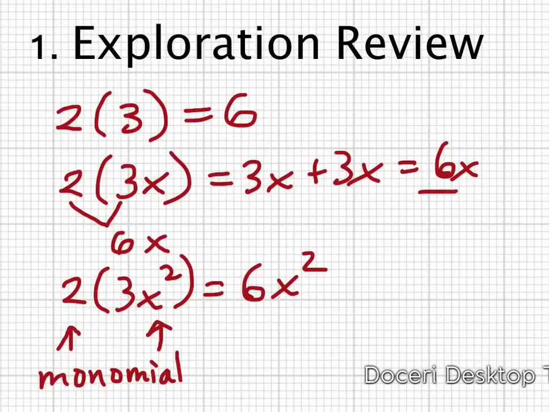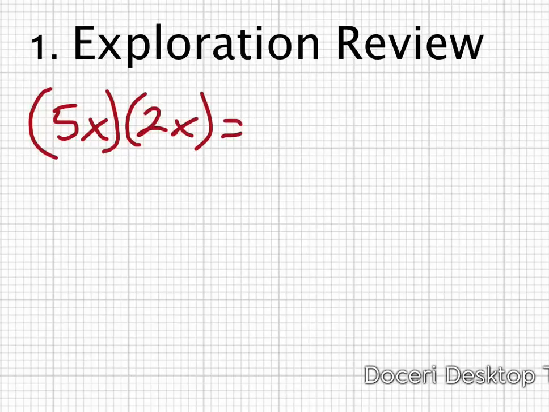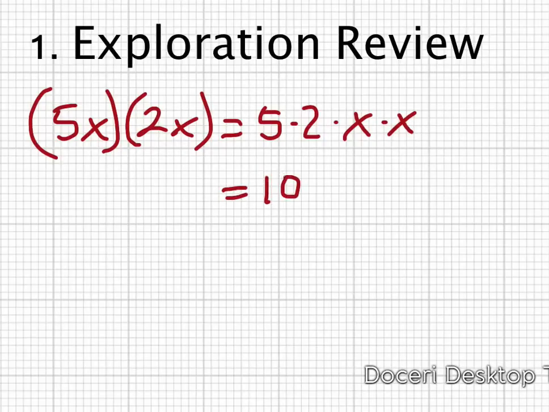So if I instead had, let's see, 5x times 2x, this says 5 times 2 times x times x. 5 times 2 is 10. X times x is x squared. So my answer would be 10x squared.